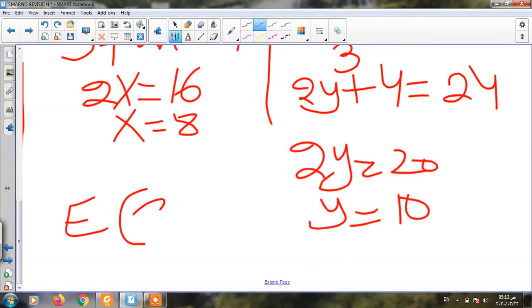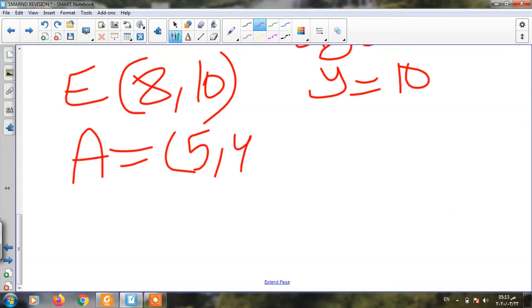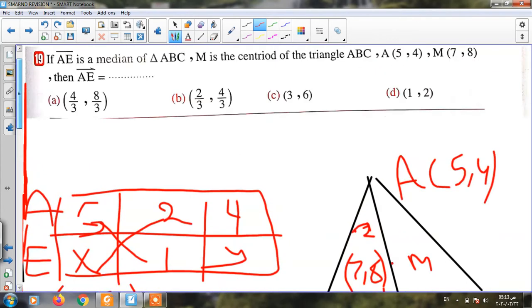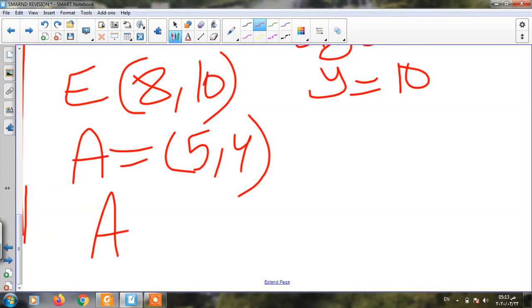8 and 10. And the point A was 5 and 4. He's asking to find the AE vector. The AE vector is going to be E minus A as two vectors.